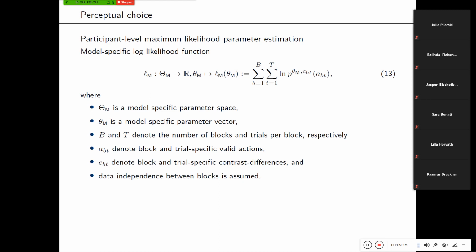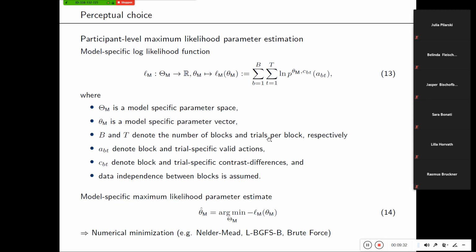So there are slight differences, especially if you have internal random variables, so internal noise in the agent, but in general, if you can generate data with your agent, you're fairly close to the log likelihood function already.